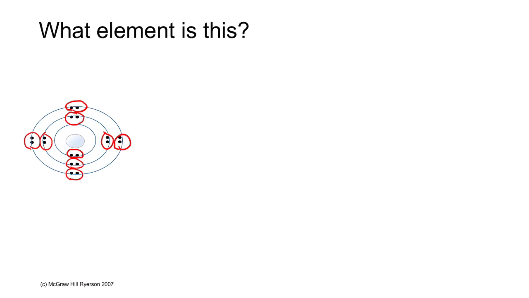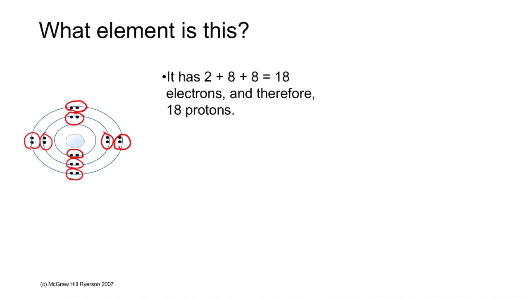So we've got a total of 18 electrons, a full valence outer shell. 18 electrons tells us we are dealing with argon. So it has 2 plus 8 plus 8 electrons. They're 18. Therefore, we can assume this is an atom because we haven't been told otherwise, so it has 18 protons.